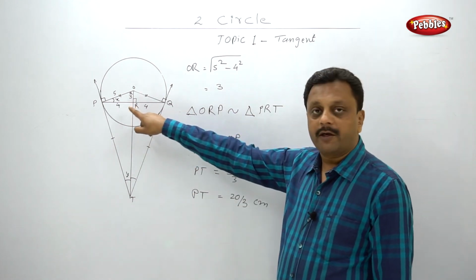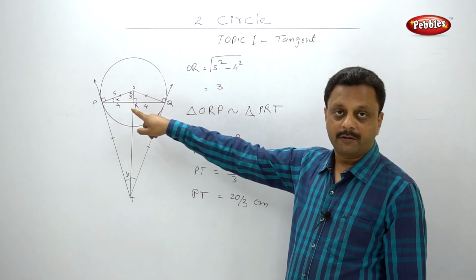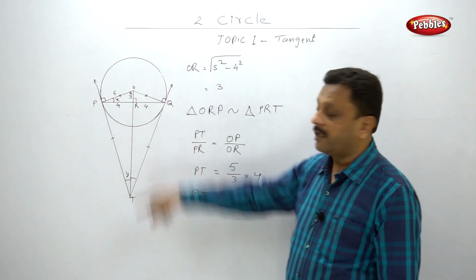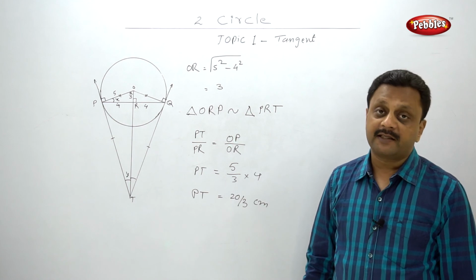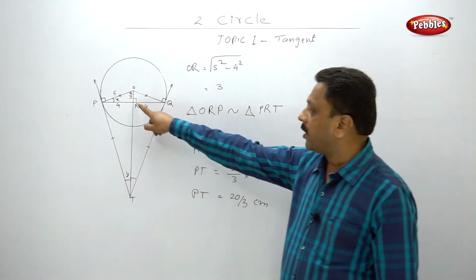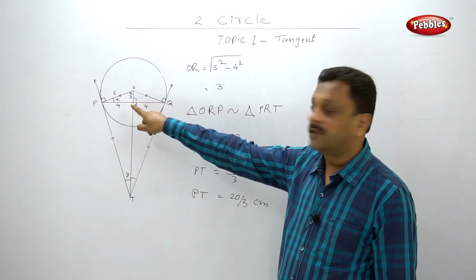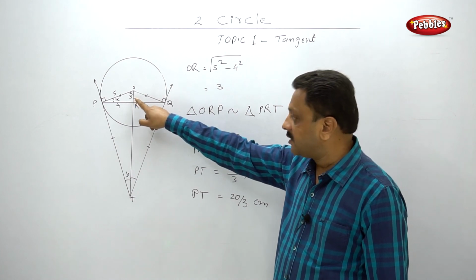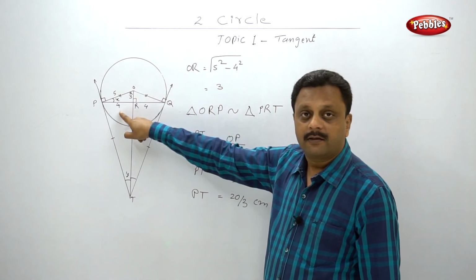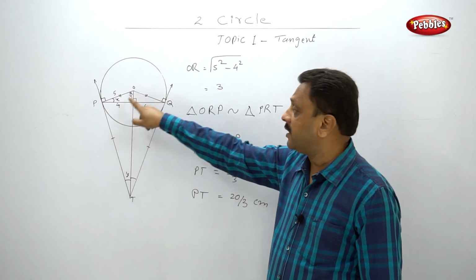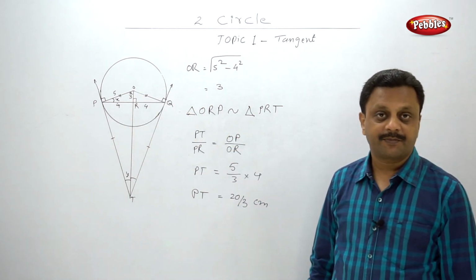Now this is the midpoint. It has suddenly become the midpoint. Okay, so any line joining midpoint of chord and center is perpendicular. So now I got this is perpendicular, this I got right angle, and since this is right angle, I know two sides. By Pythagoras theorem, I can easily find third side.